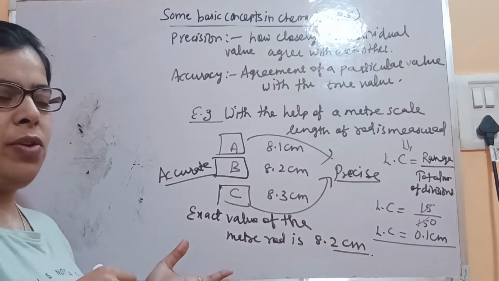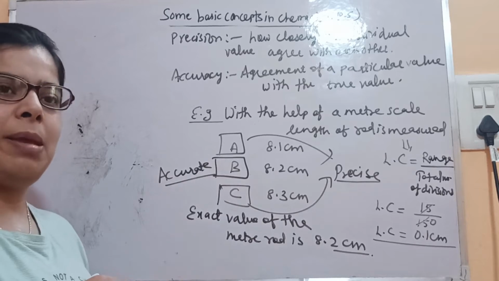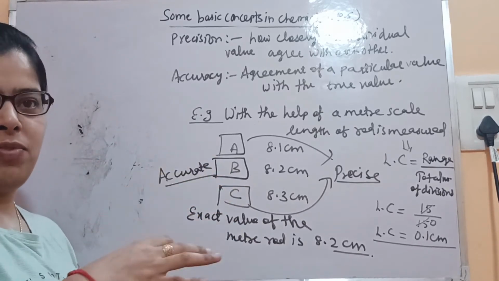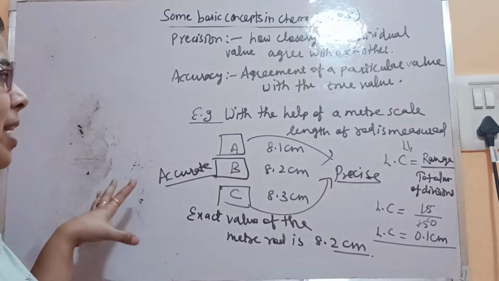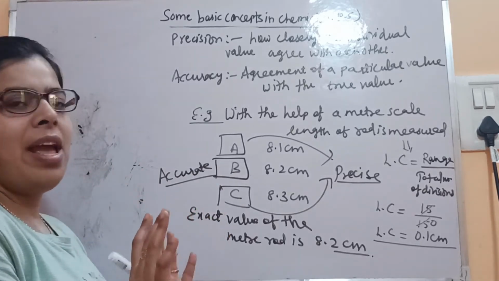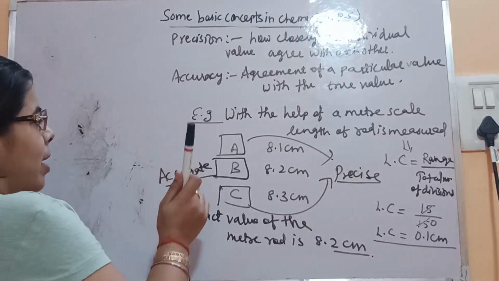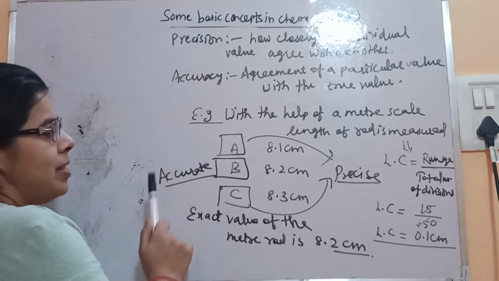No one has used any other instrument. So the instrument is the same here. So the error is due to the human being or the skill of the person. He has not operated the scale properly. So here the instrument is not having any role. So it's the first factor that we are discussing. So that's why he is accurate, but they are precise.